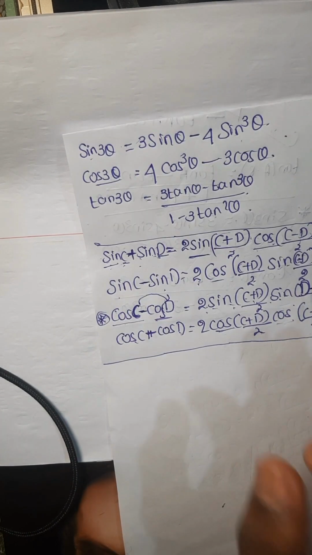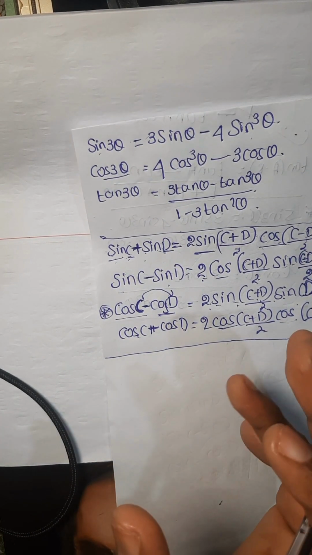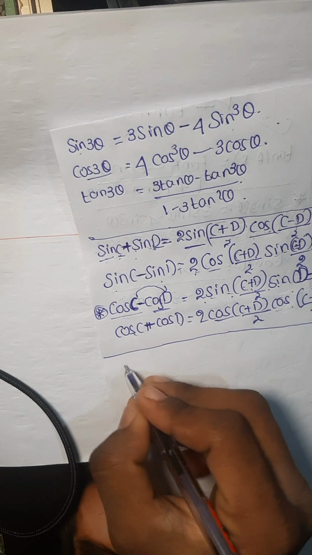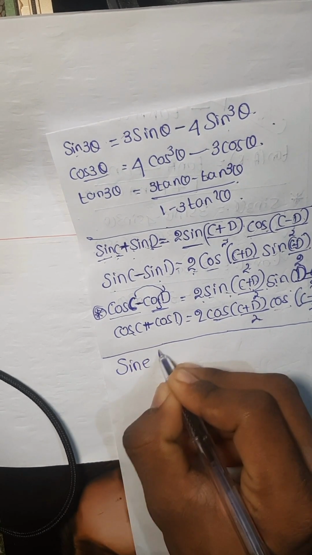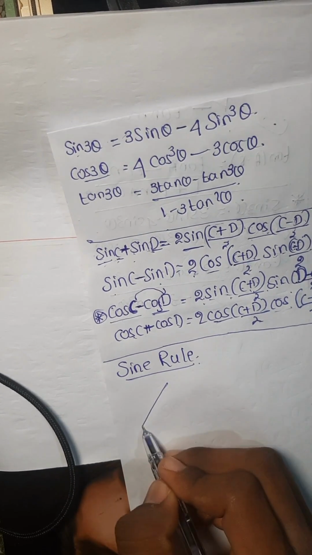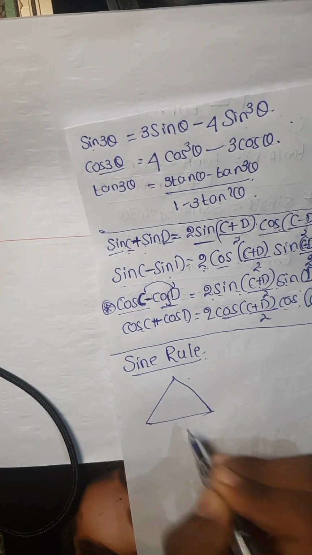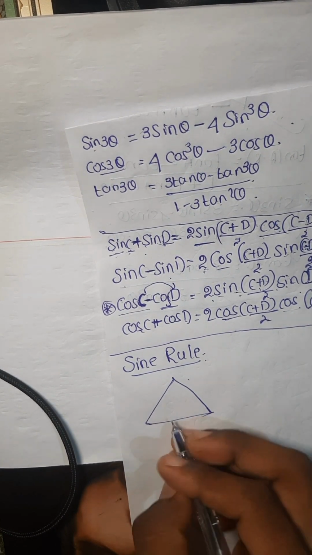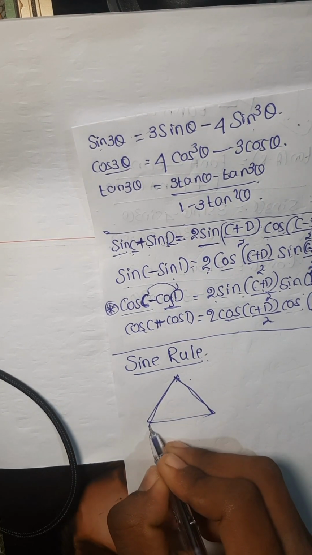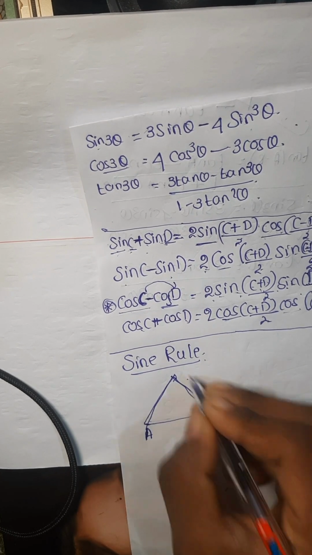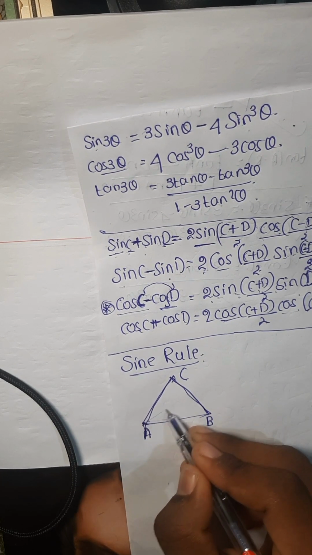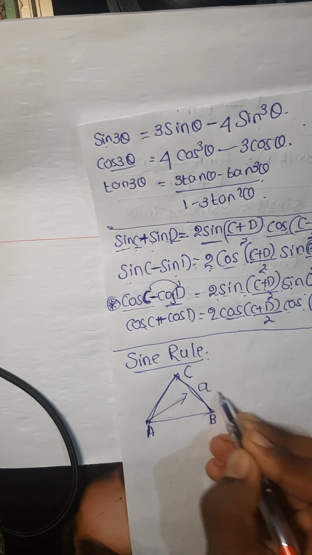Next, we move to the major theorem, which is used frequently in the exams: the sine rule. Sine rule is used in triangles. We all know that if there is a triangle like this, we can name it A, B, C. If this vertex is A, then the opposite side will be small a.